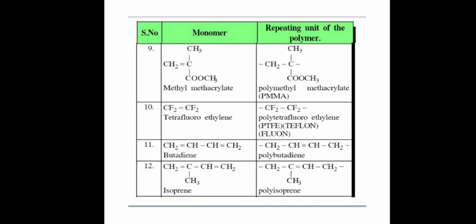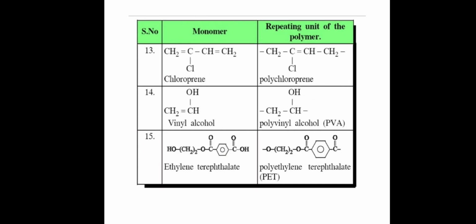Then tetrafluoroethylene gives Teflon, which is nothing but polytetrafluoroethylene. Next, butadiene gives polybutadiene, isoprene gives polyisoprene, chloroprene gives polychloroprene, vinyl alcohol gives polyvinyl alcohol, then ethylene terephthalate gives polyethylene terephthalate.